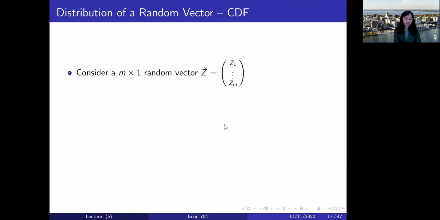The distribution of a random vector can be described by, for example, a cumulative distribution function, the CDF. The CDF of a random vector is defined in pretty much the same way as the CDF for a scalar random variable.